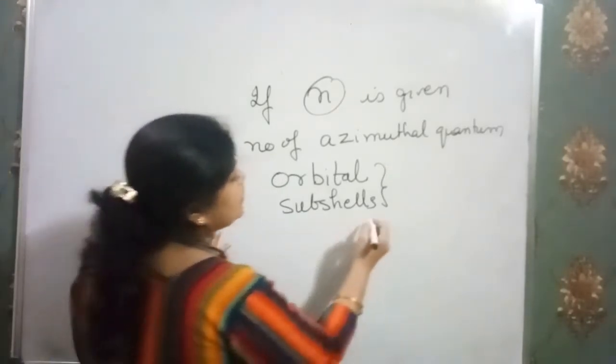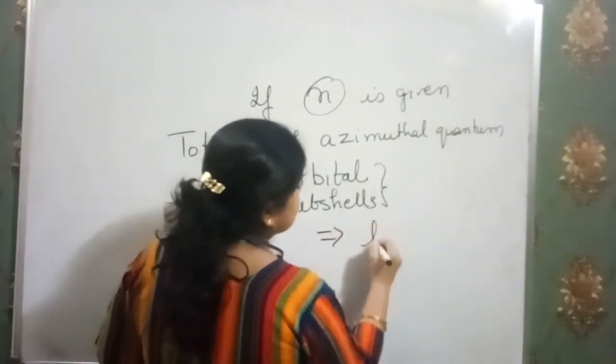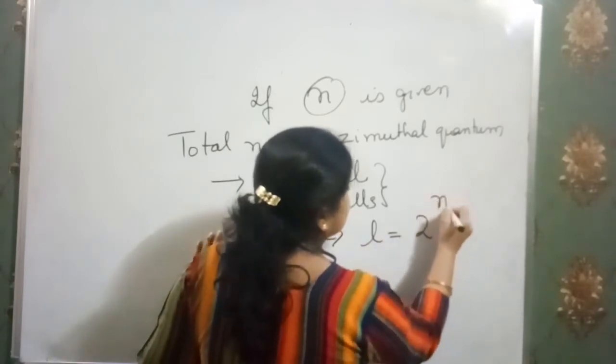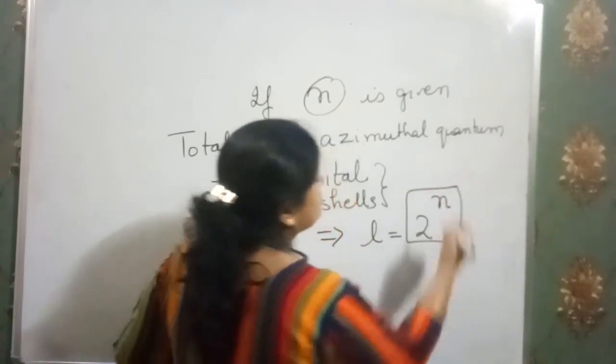The formula for that: total number of l is equal to n.